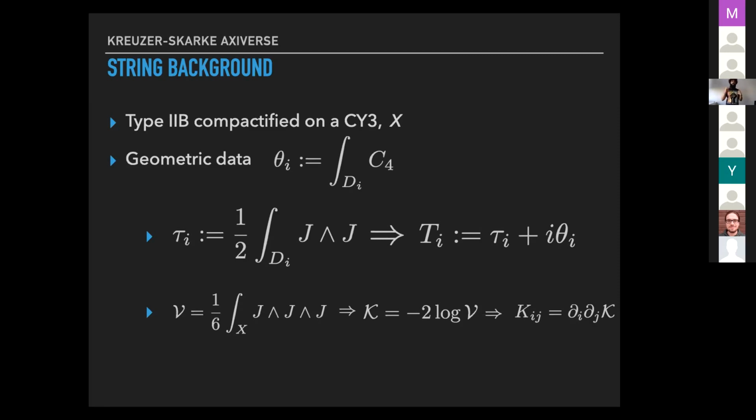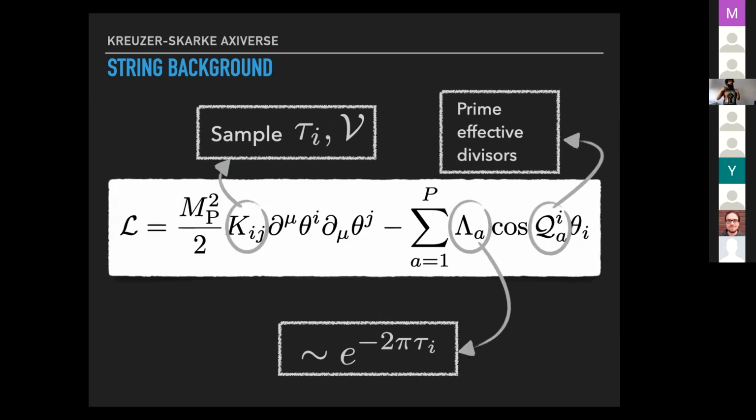And so essentially, in order to construct the Kähler metrics within the stretched Kähler cone, we can sample over tau and V. The details of the sampling algorithm were outlined in the paper last month, and I would very much recommend that you read it if you're interested in the details.